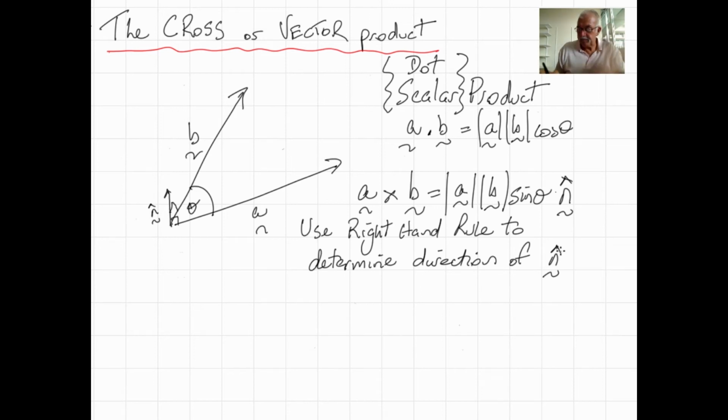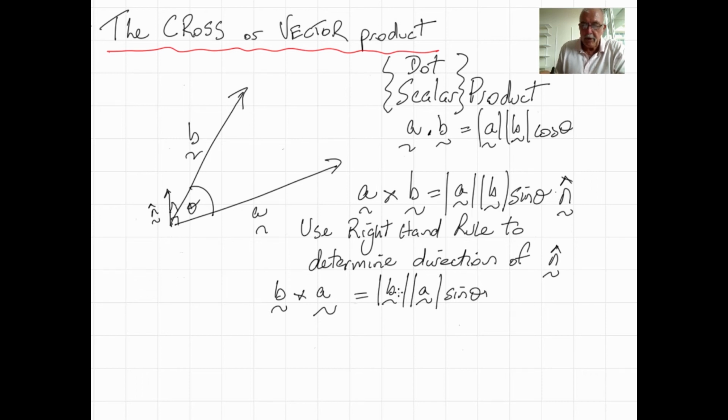Okay, what about B cross A? Just using the rule, it will be the absolute value of B, absolute value of A, sine theta. That's exactly the same as up here. And then it'll be times a unit vector.